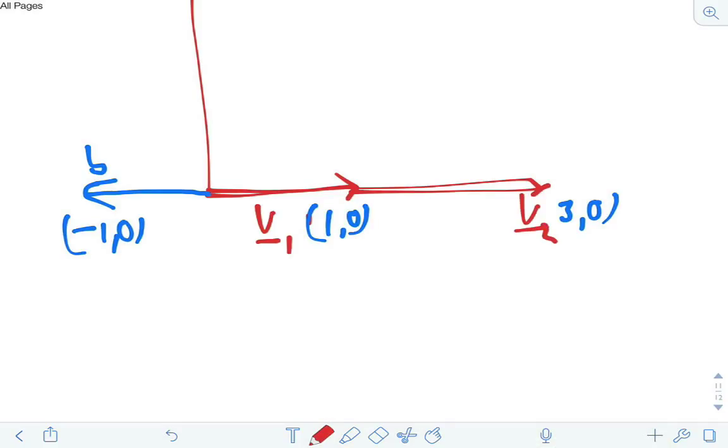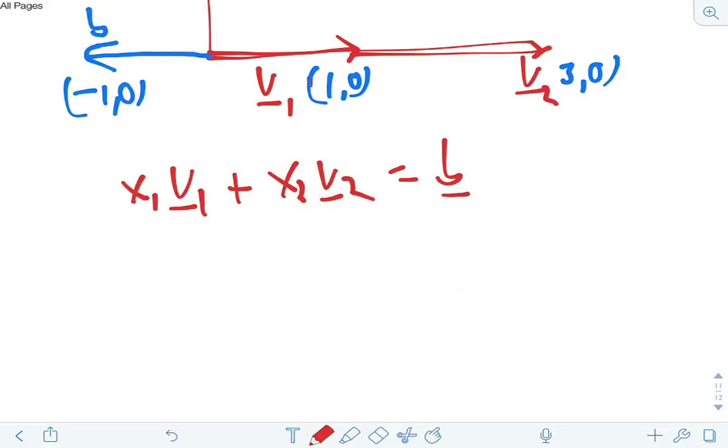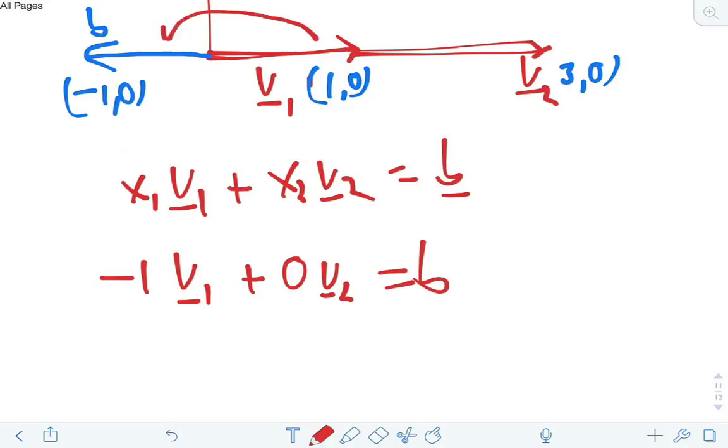Can I find a linear combination, x1 scalar times v1 plus x2 scalar times v2, that's equal to b? Is it possible to do this? So remember, x1 and x2 are unknown. I see one right now, which is that we have minus 1 v1 plus no v2s. This is equal to b. All I'm doing is taking this vector and making it the negative, and I ignore v2 altogether.